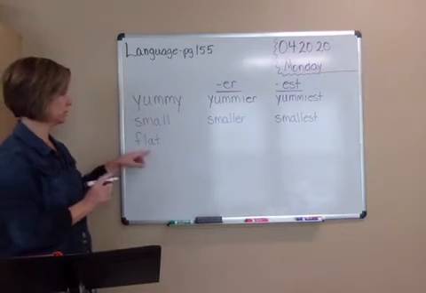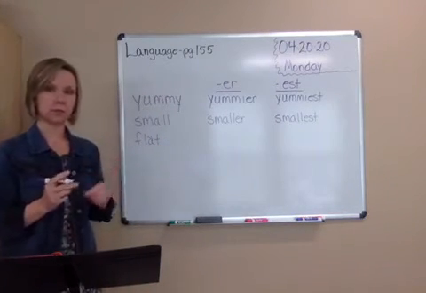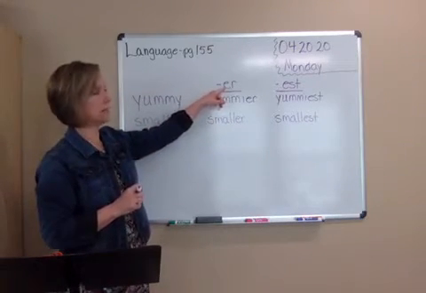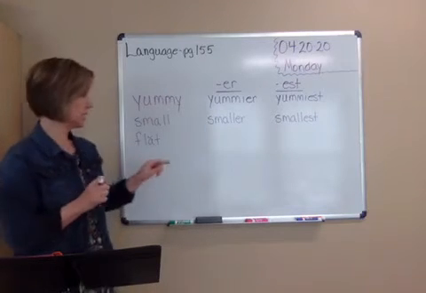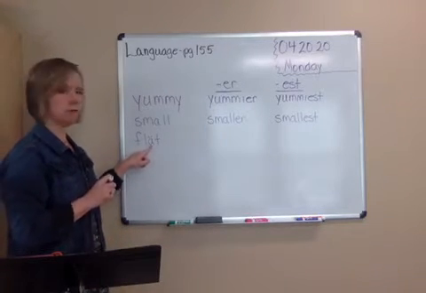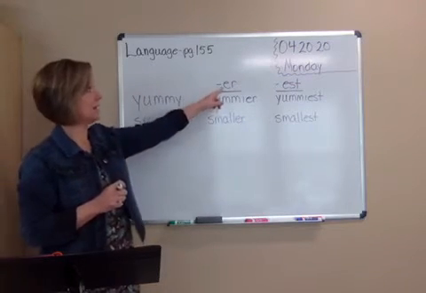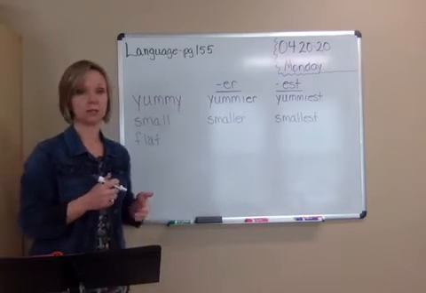Now let's look at flat. Flat was one of those words where you have a short vowel next to one consonant. Our rule is when we're adding a suffix that begins with a vowel, we have to double the consonant to keep the vowel short. Because if you don't, then that E acts as a silent E. It makes the A say the long sound.